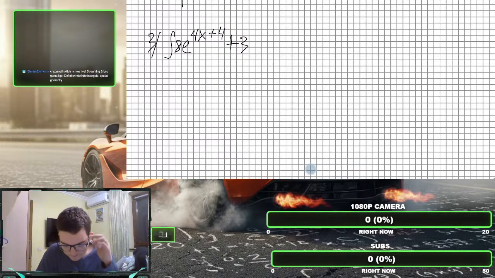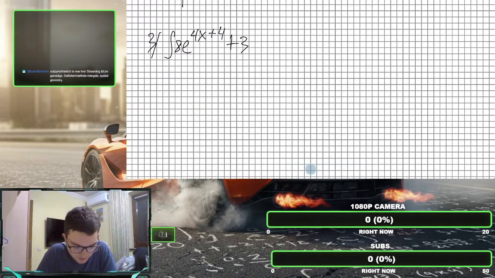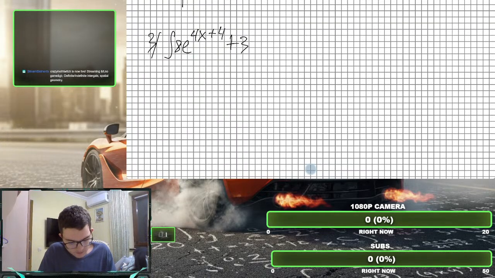Well, here you see that it's 4x plus 4. So you need to basically use t in order to solve this, and I'm gonna try to do it from what I remember. So yeah, I got my formula here.